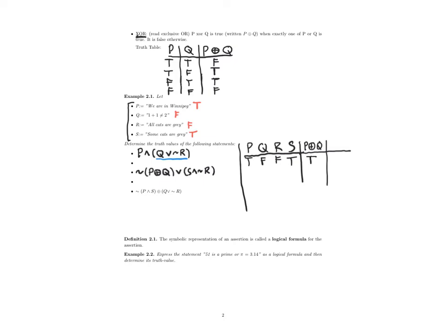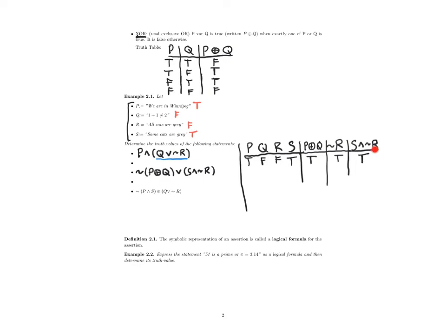Excellent. Now let's do S and the negation of R. We need to figure out what the negation of R is. R is false, so the negation is true. So S and the negation of R. Well, S is true. The negation of R is true. So S and the negation of R is true, just like before.